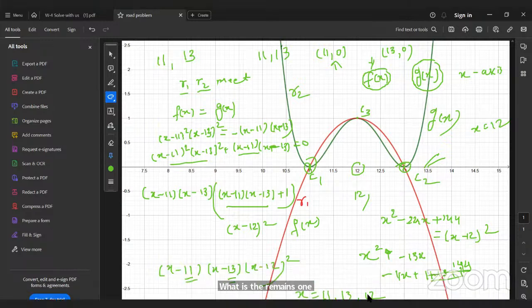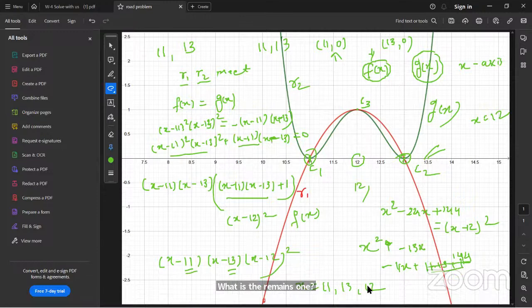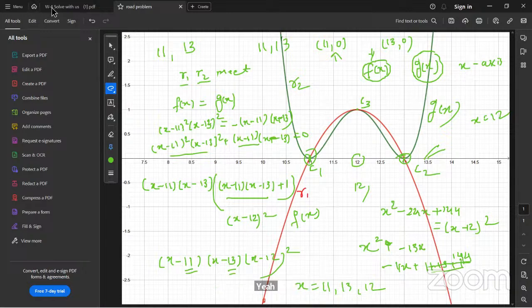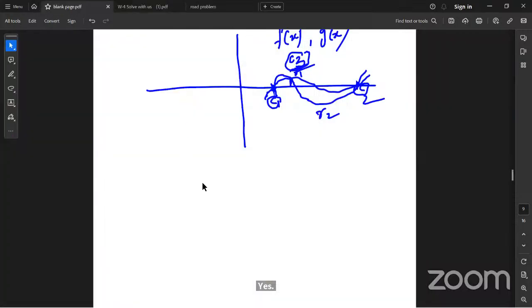Is this blank page visible to all? No, sir. It's a full page of notes. Now it's visible? Yes, sir. See, again this thing is happening.